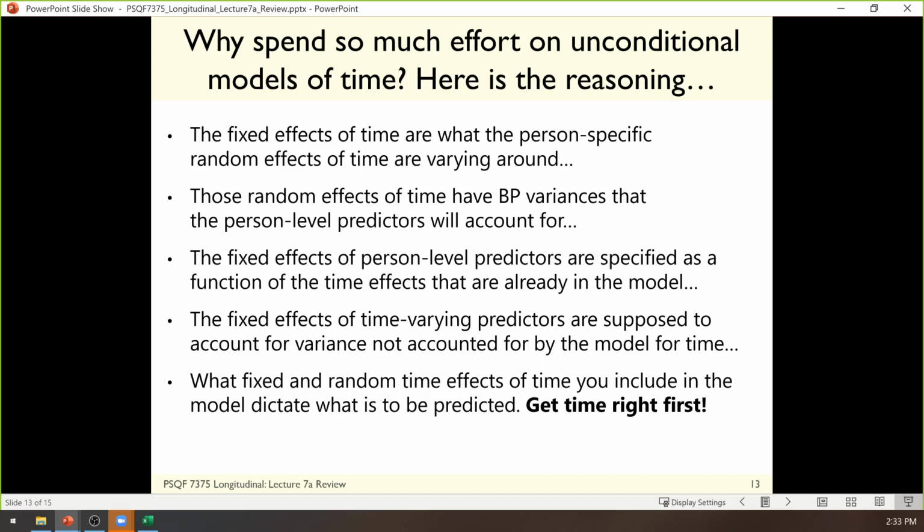Once you have your time invariant predictors, generally then we would go to time varying. And those are supposed to soak up whatever variation hasn't been soaked up already by time and the time invariant predictors. So this is all to say that the fixed and random effects of time logically constrain what there is for the predictors to do, which is why they come first.